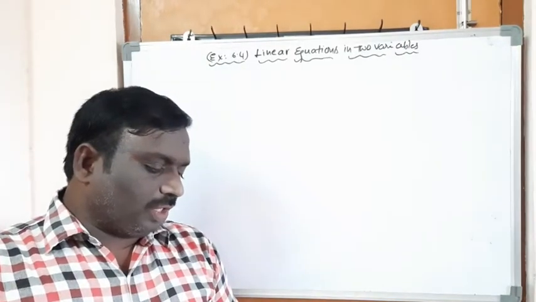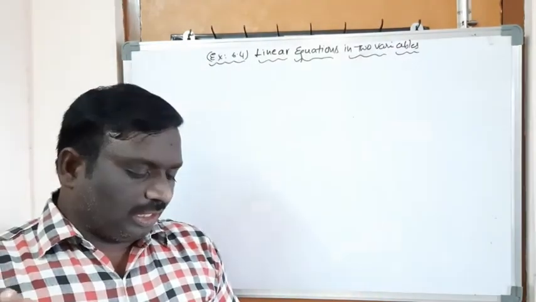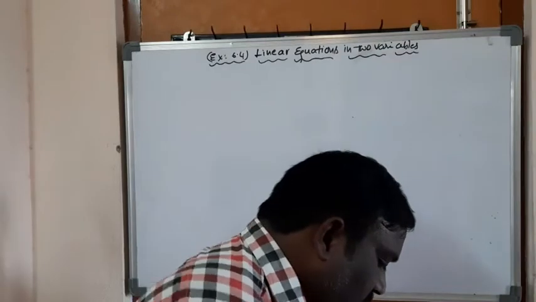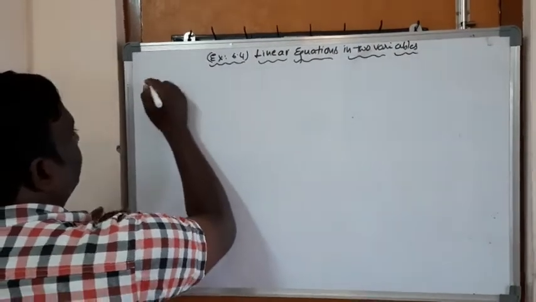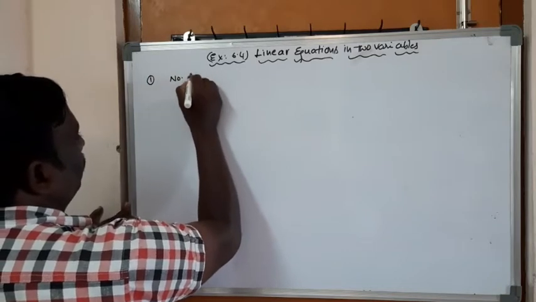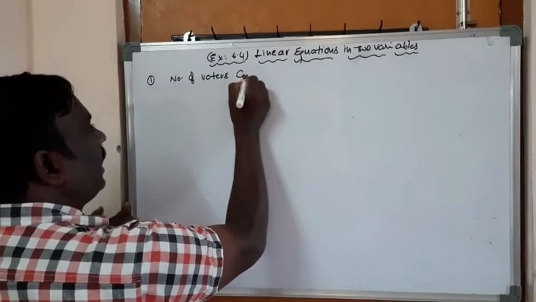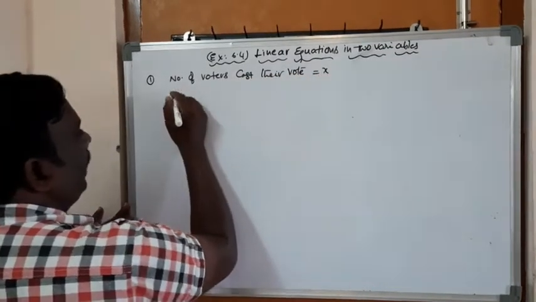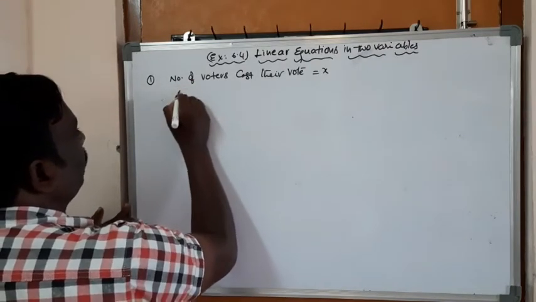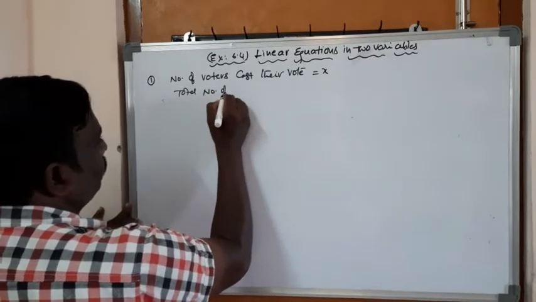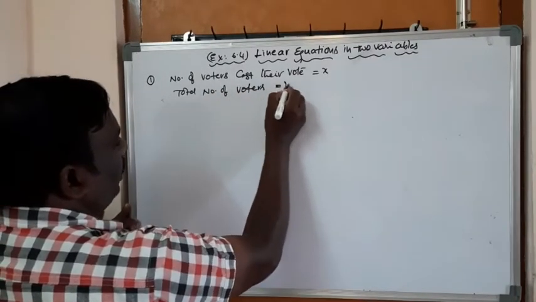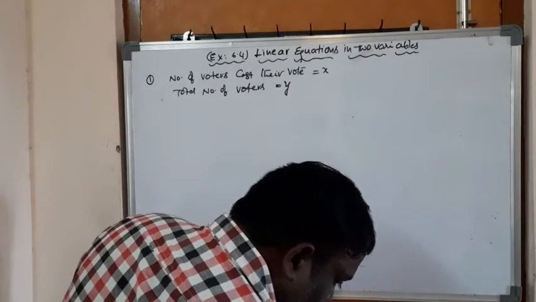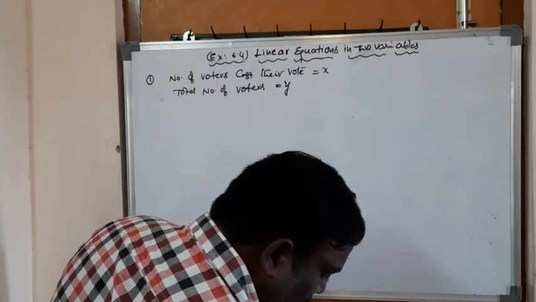See there, the number of voters who cast their votes be X. The total number of voters equal to Y. So number of voters who cast their vote equal to X you can take, and total number of voters equal to Y. According to the question, what they said, 60% of voters cast their vote.